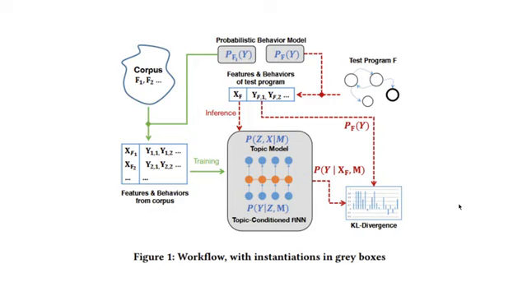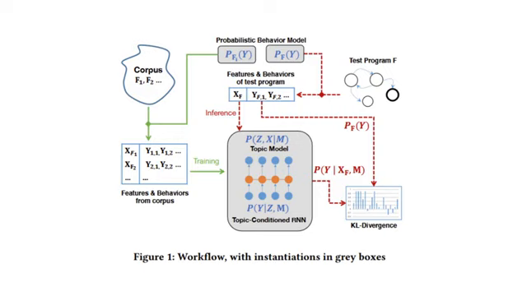So this is the workflow diagram that I was talking about earlier. You can see that there are two phases. There's training followed by inference. In the training phase, you're taking the corpus, like your large GitHub repository, as well as P of Y, which in this case is just an expectation of how the model should behave.